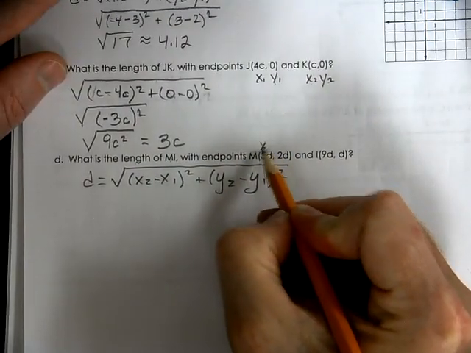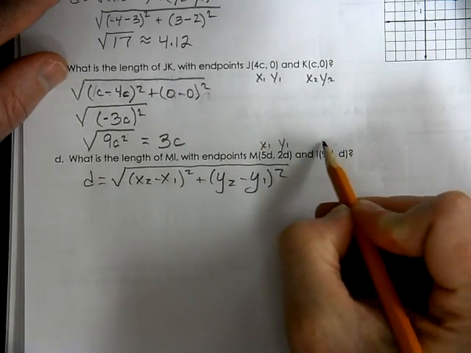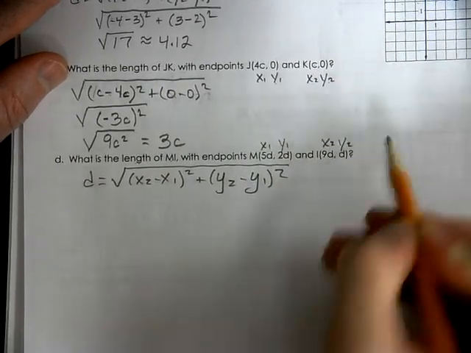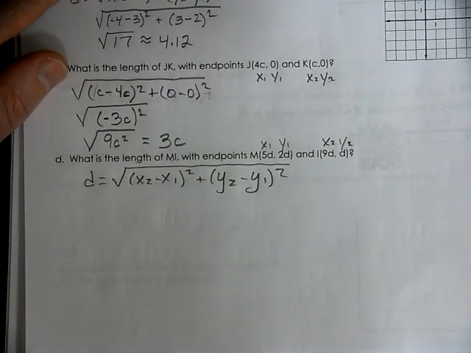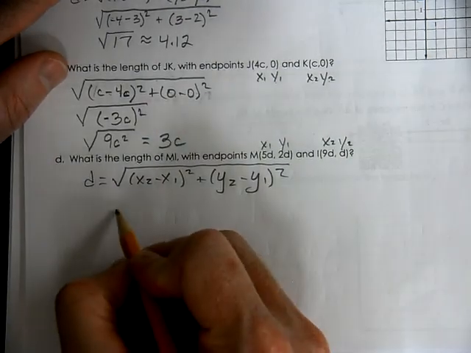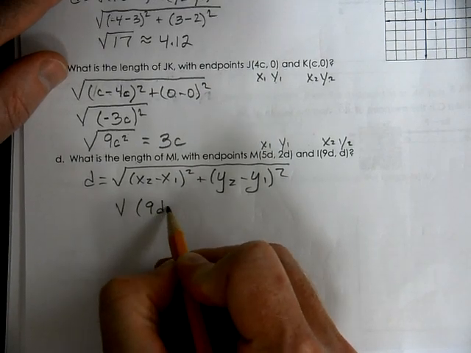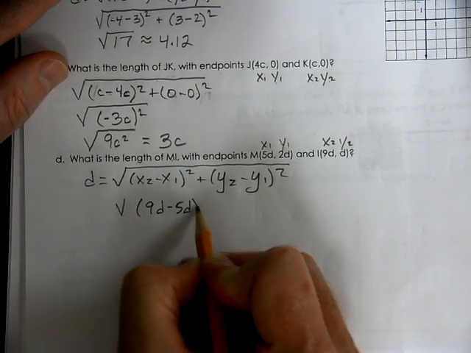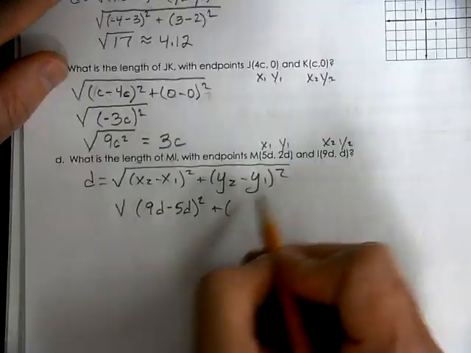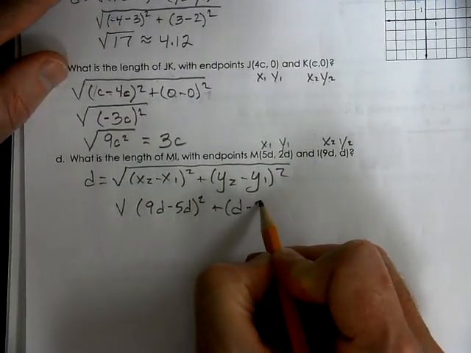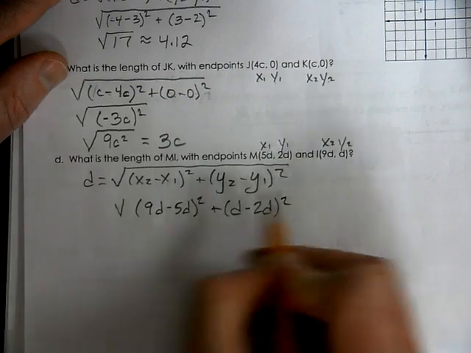We know that this first value is x1, y1, x2, y2. Label your points. Plug in your numbers. We got 9d minus 5d squared plus d minus 2d.